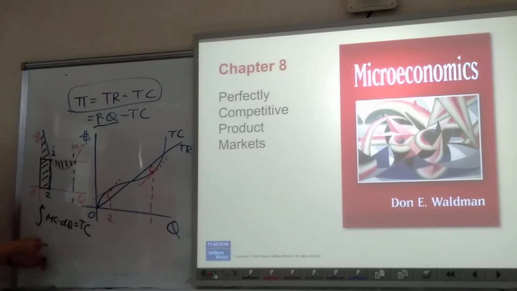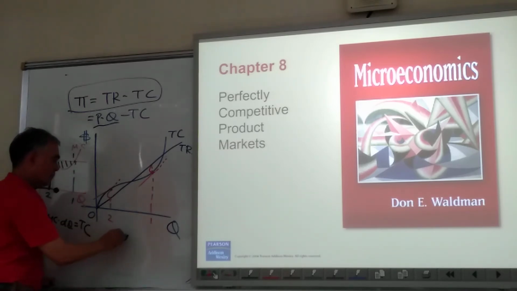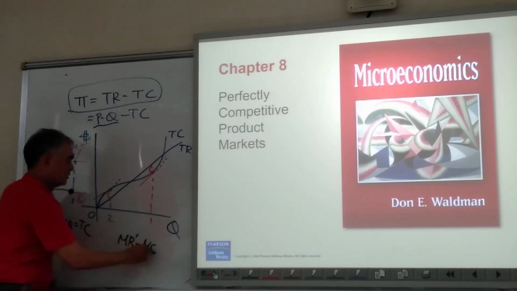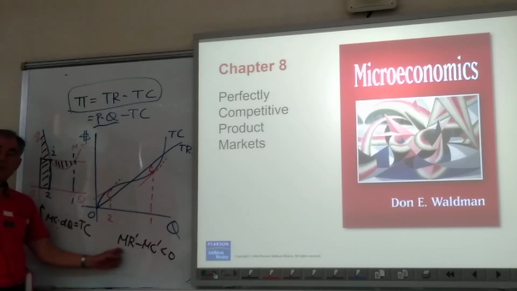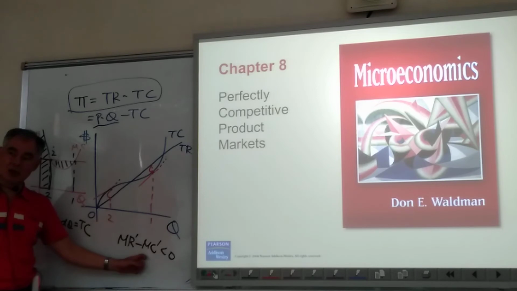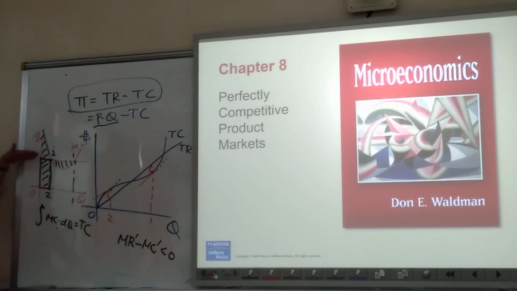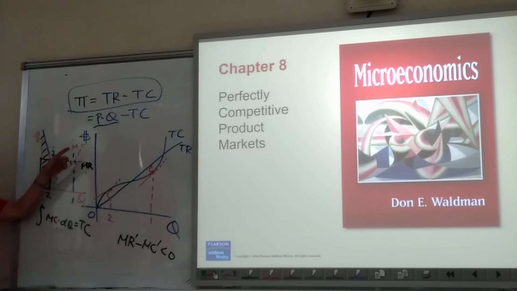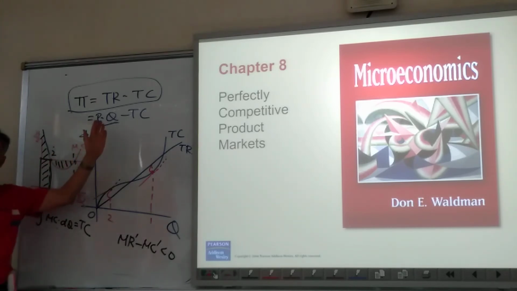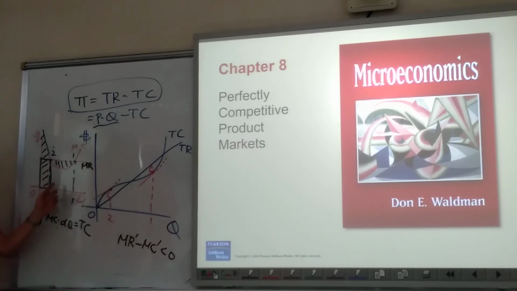So as I said before, you have to check the second order condition. MR prime minus MC prime must be less than 0. What does that mean? That means the slope of the marginal revenue must be less than the slope of the marginal cost curve. That means when the firm maximizes profit, the marginal revenue curve and the marginal cost curve must intersect from left to right, from below to upward, this way.